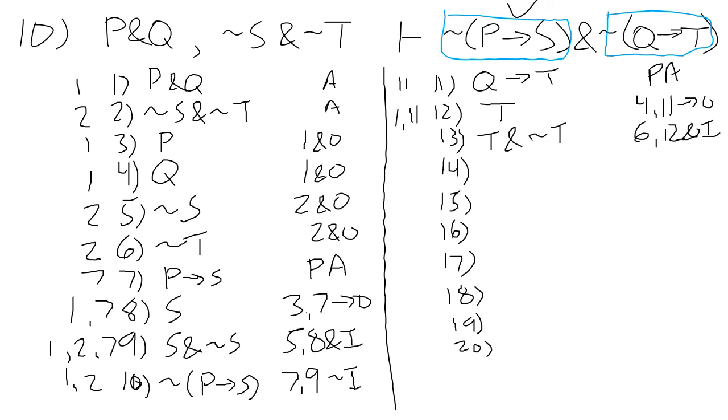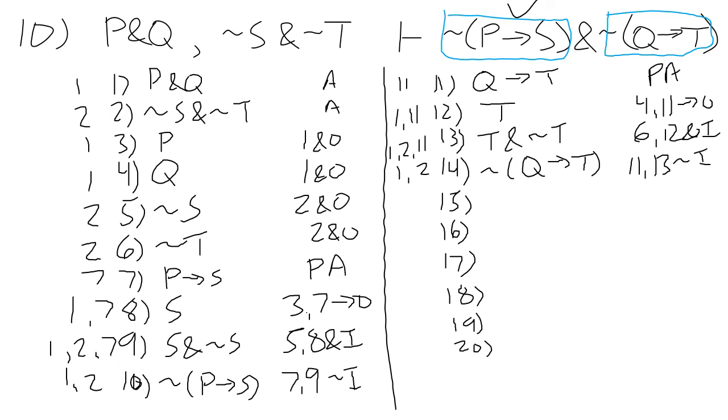So that's going to be 1, 2, and 11. I got a contradiction, depends upon my PA, so Q arrow T. So that's going to be 11, 13, arrow, tilde in. The 11 will drop out.